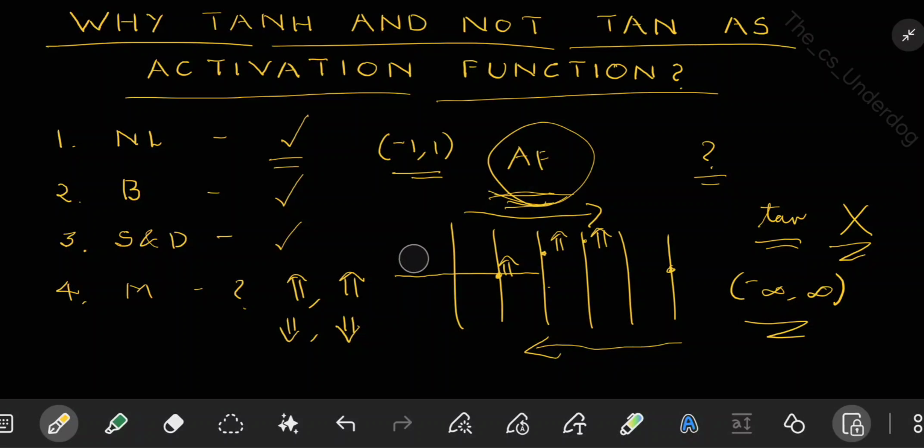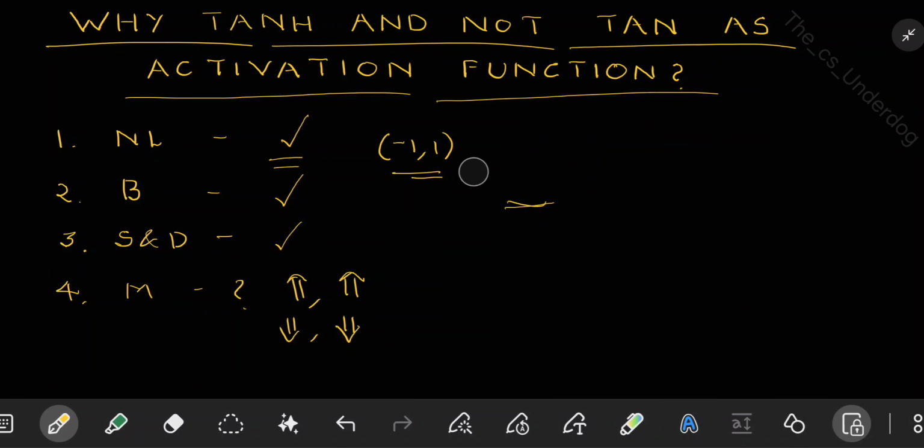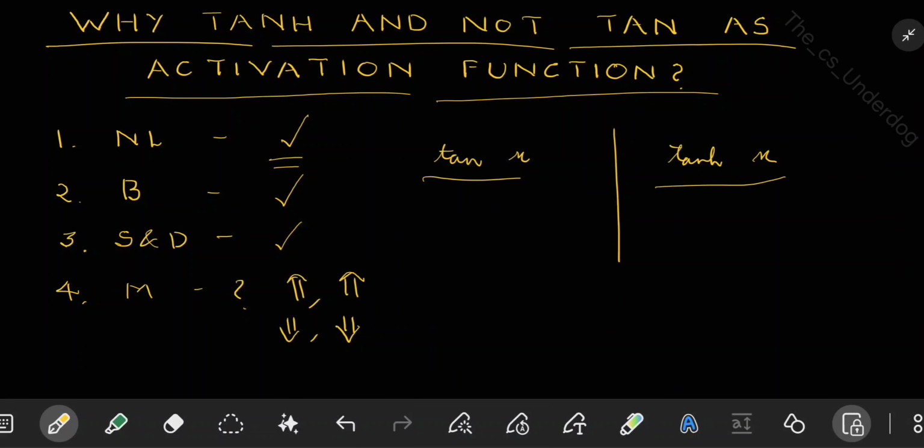Now let us see the qualities of tan as well as tan h, and then we'll see which is more comfortable to take as an activation function. On one side, you have tan x, the trigonometric one. On the other side, you have tan hx, the hyperbolic one. If you consider these two cases, what qualities matter? First, let's talk about the range.